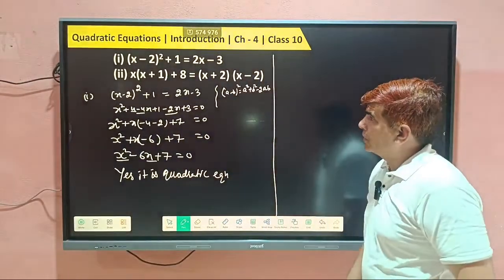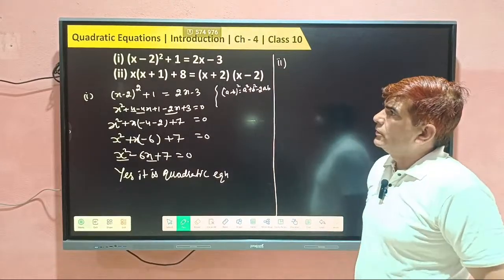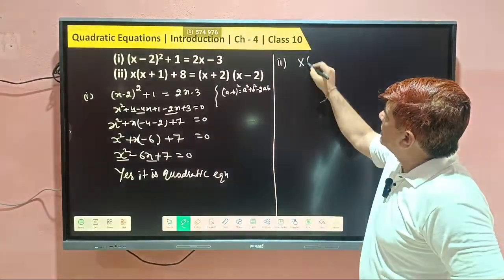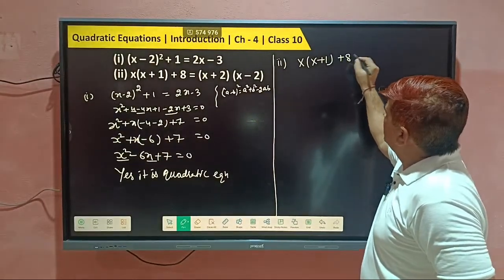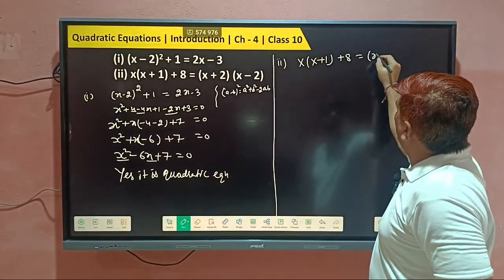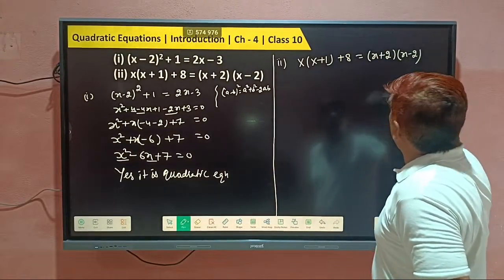Next part. What's the next part? This. You can solve it side by side. I am also solving. The statement written here: x plus 1 plus 8 is equal to x plus 2, x minus 2.